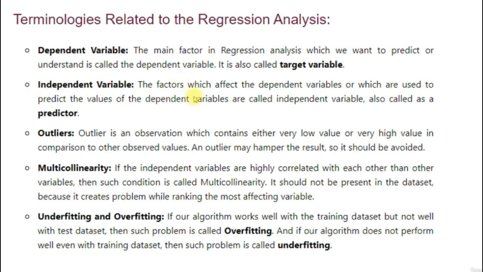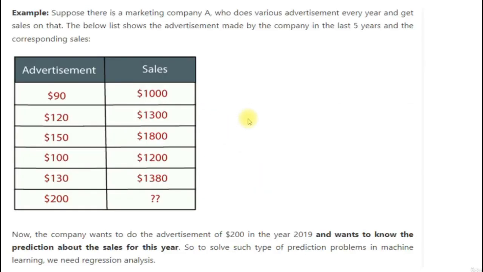Independent variable: the factors which affect the dependent variable, or which are used to predict the values of the dependent variable, are called independent variables or the predictors. So the value of sale depends on the budget of the advertisement. So this will be the independent variable. The value of sale will depend on this one. So this will be dependent and this will be the independent variable, also known as the predictor.